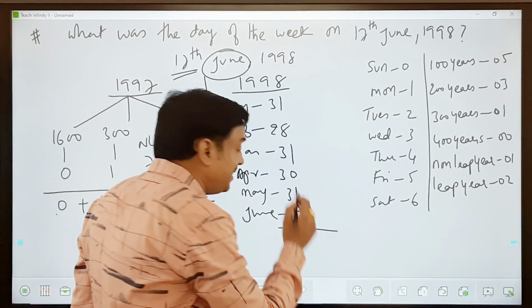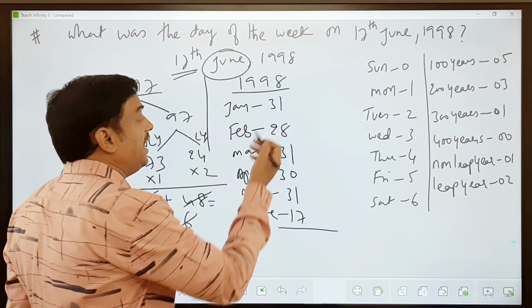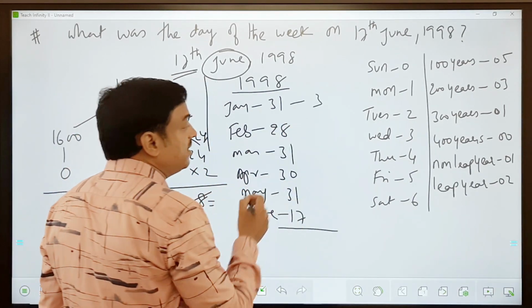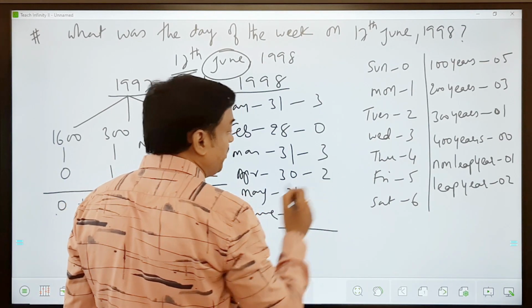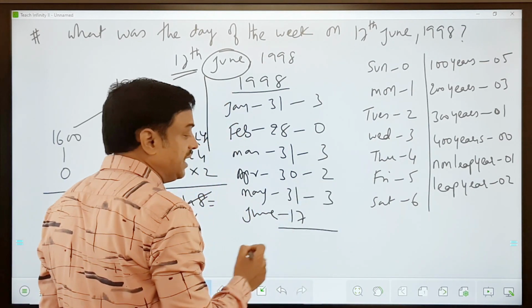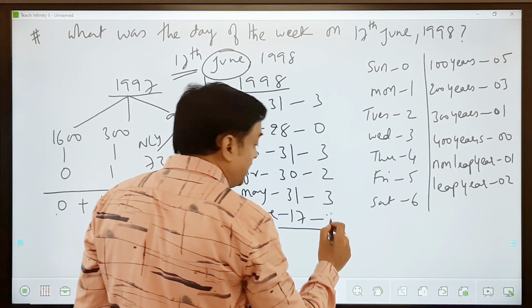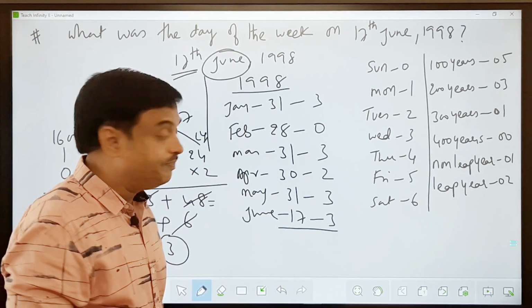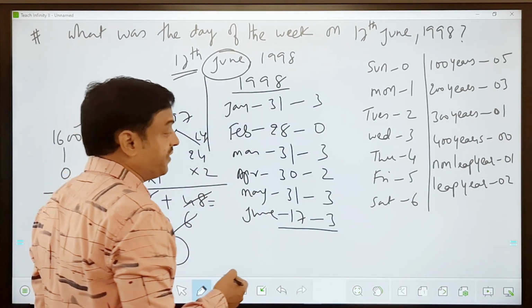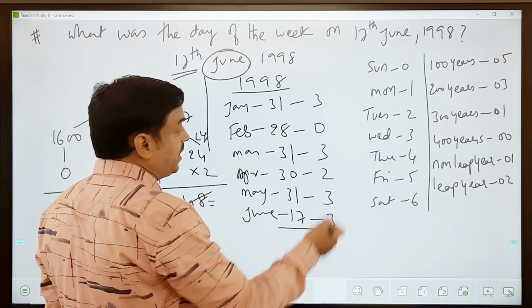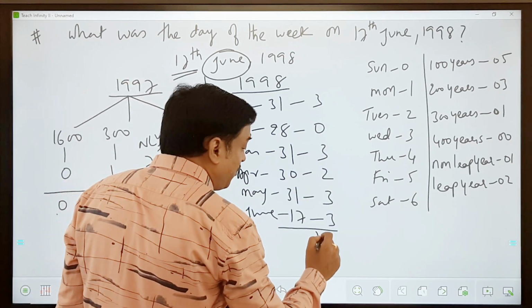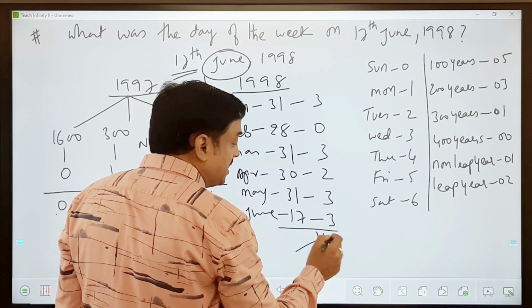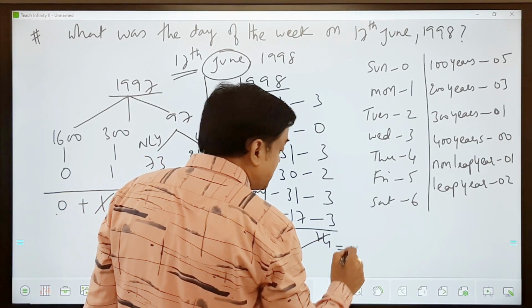I should take a total and then divide by 7. Rather, I'll divide by 7 here: I'll get a remainder 3, this is remainder 0, this will give a remainder 3, this a remainder 2, this a remainder 3, and finally this will give a remainder 3. 14 is exactly divisible. Now I can add all these: 3, 3, 3, 3 is 12, 12 and 2 is 14. And 14 is exactly divisible by 7, so I get a remainder of 0.